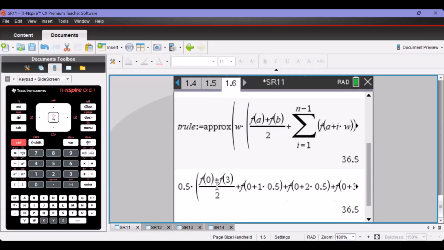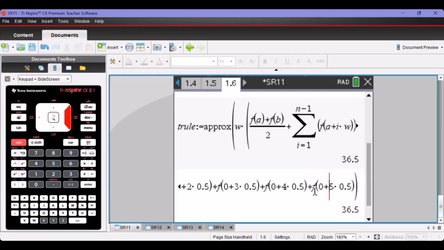This is saying f of 0 plus 1 times 0.5 plus f of 0 plus 2 times 0.5 plus f of 0 plus 3 times 0.5 plus f of 0 plus 4 times 0.5 plus f of 0 plus 5 times 0.5. And when you enter that in and press enter, you get 36.5. So that's showing you how this formula works.